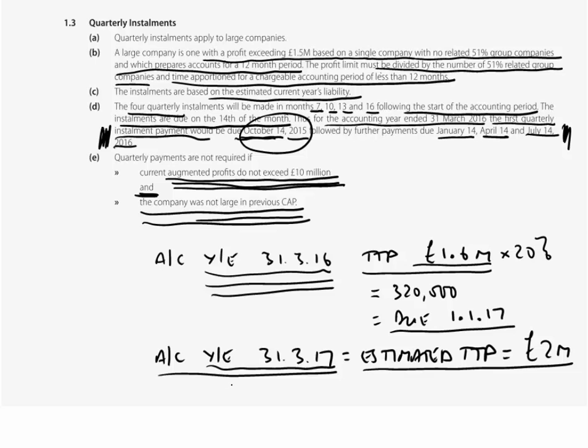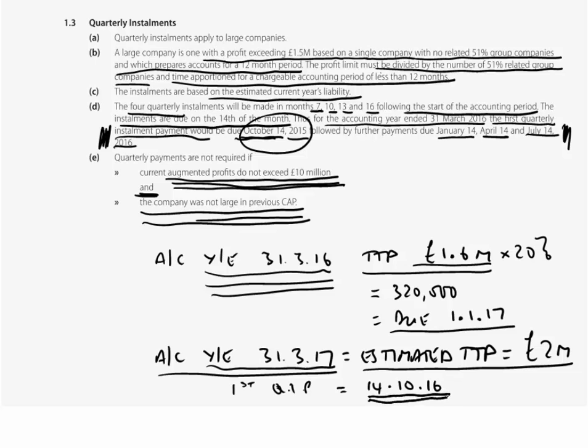So we know that our first quarterly instalment payment, QIP, will be due on the 14th day of the 7th month from the start of that accounting period. That is the 14th of October, within the year ended March 17, the 14th of October 16.